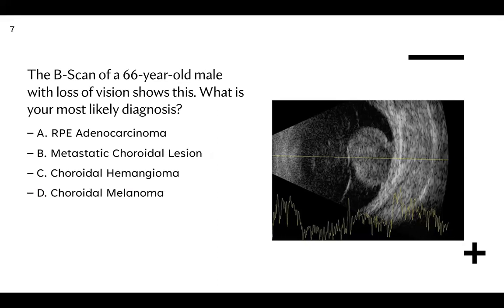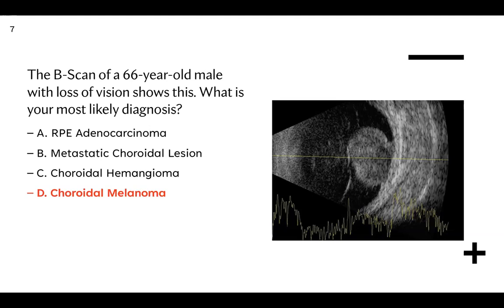This is a choroidal melanoma. As you can see, it has got a collar. If you look at the A scan reading at the bottom, you can see internal acoustic hollowing. Gradually the graph reduces in amplitude. It's got a mushroom shape as it breaks through the Bruch's membrane.